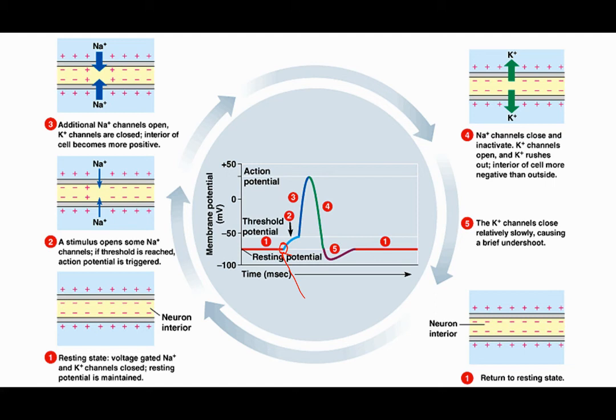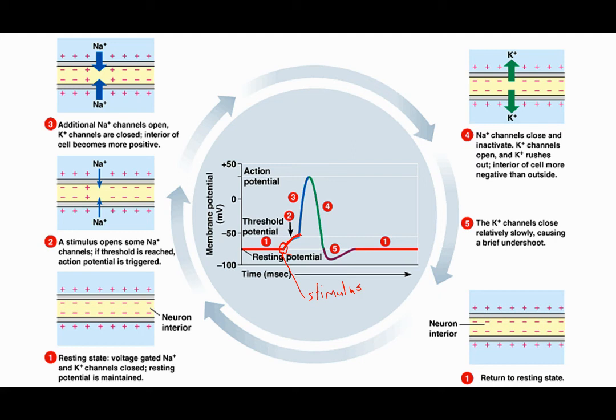On a side note, coming later in the notes, depending on the graph you look at, you might see a little bump here. When the stimulus arrives, it will open up some of the sodium gated channels. So some sodium ions start to rush into the axon.